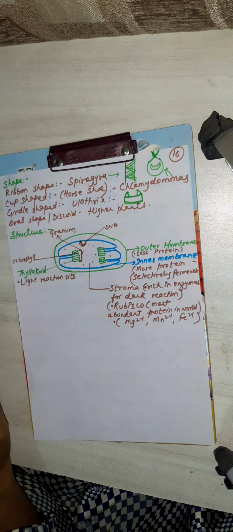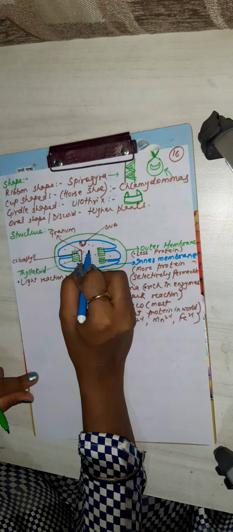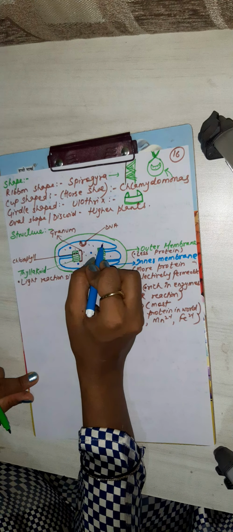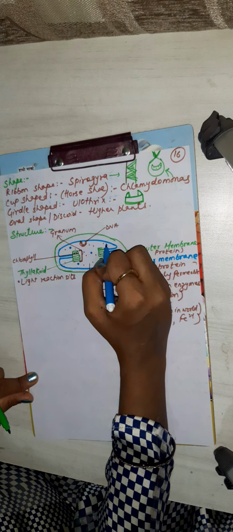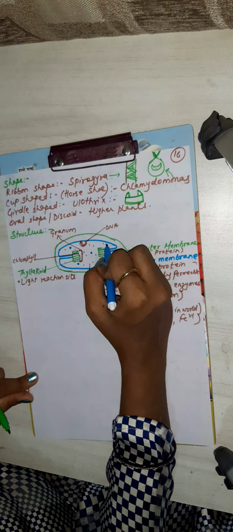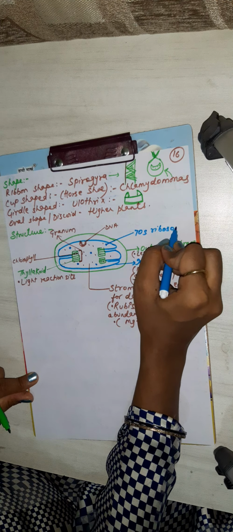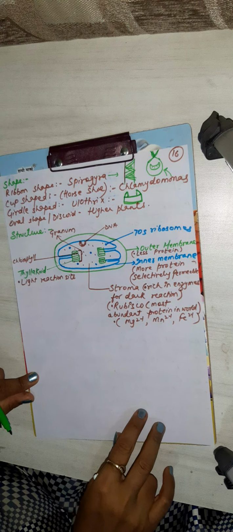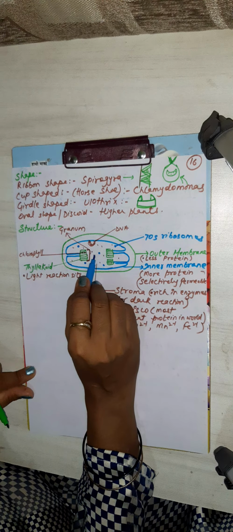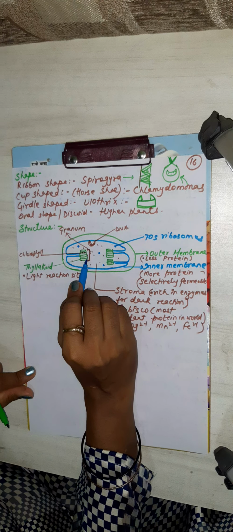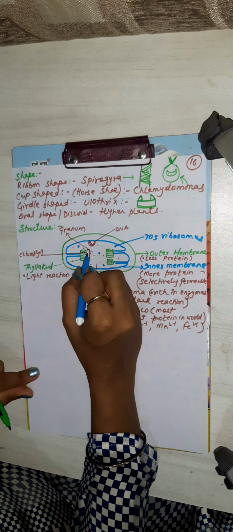Now come to ribosomes, which are found here. And they are connected. How are they connected? With the help of stroma lamellae. Let me show this diagram.